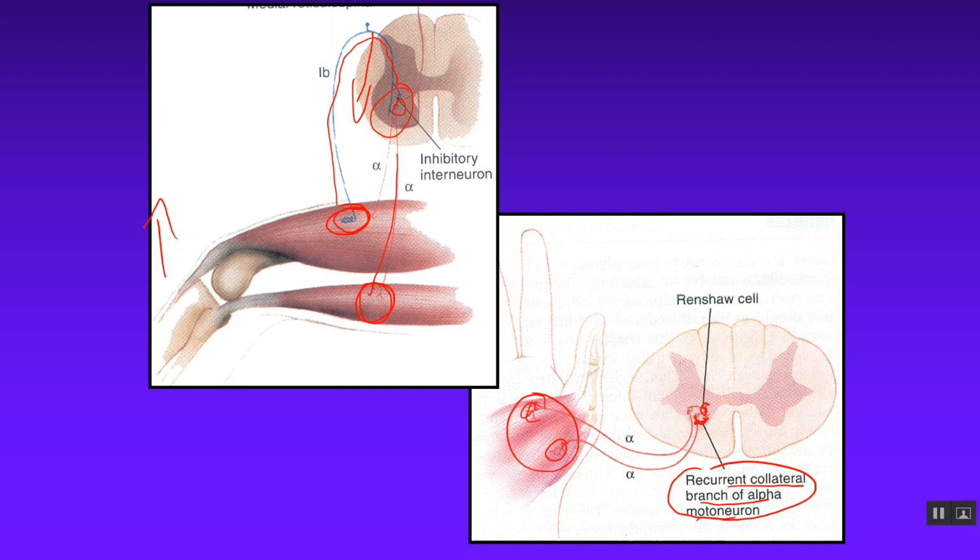If you're trying to fine-tune something, they may send collaterals back to certain muscles, even the same muscle they're embedded in, and say, you're contracting that too strongly, or I only want this portion of the muscle to contract now. That helps refine and down-regulate certain muscles or muscle fibers around it so it can fine-tune that signal a little bit.